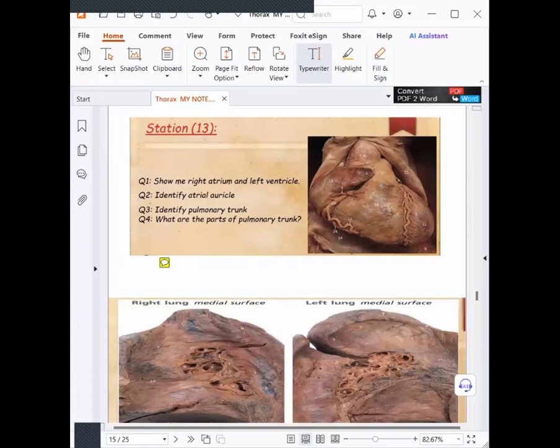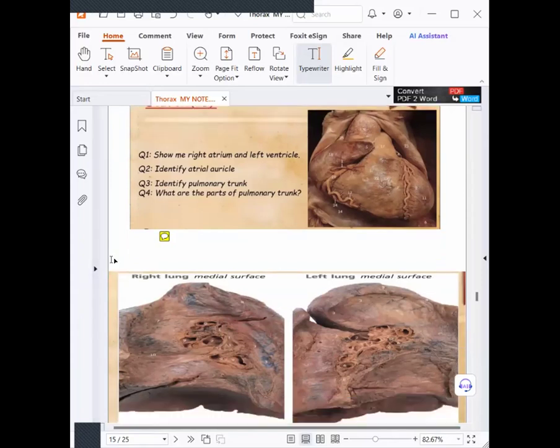Can you show me the right atrium and left ventricle? Right atrium number 18, left ventricle number 11. Okay. Identify the atrial auricles.